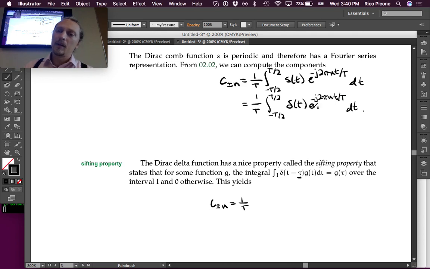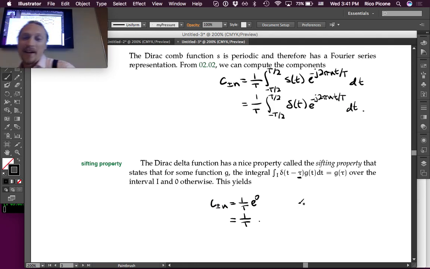And then this integral just becomes, at time equal, so the time shift is 0 in this case, right? Tau is just 0. So we just need to evaluate this function at time equals 0, which is just e to the 0, which is just 1. Man, that got simple fast.